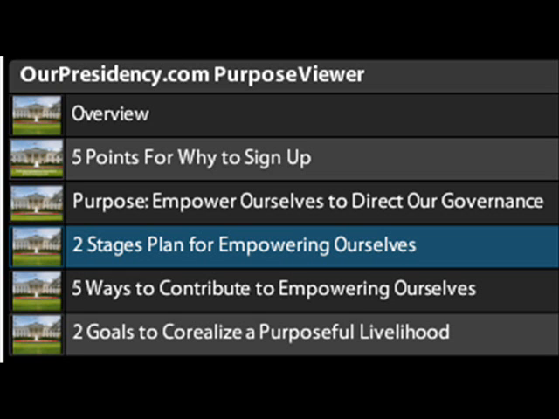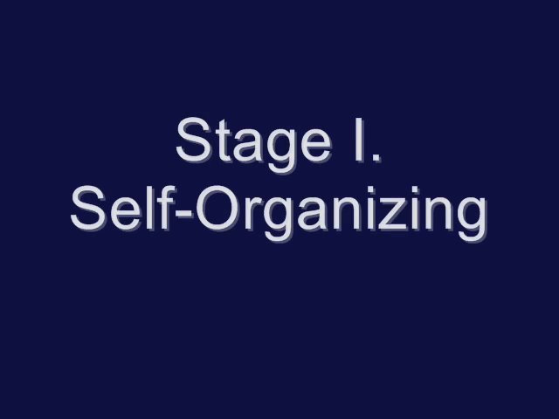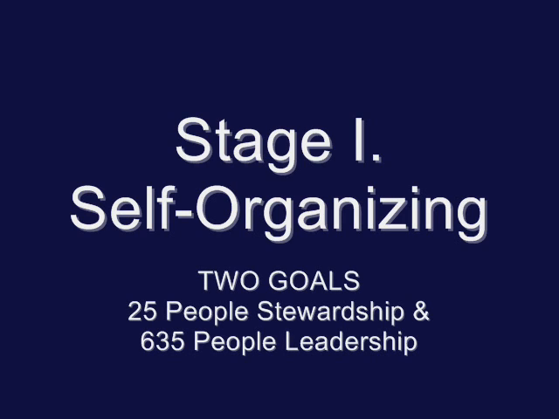Then the program focuses on explaining more in detail stage 1, which is self-organizing, and the 2 specific goals that will be fundamental to the success of this first stage. That is specifically to organize a 25 people stewardship for managing our Presidency.com and 635 people leadership for the operation of the whole network nationwide.